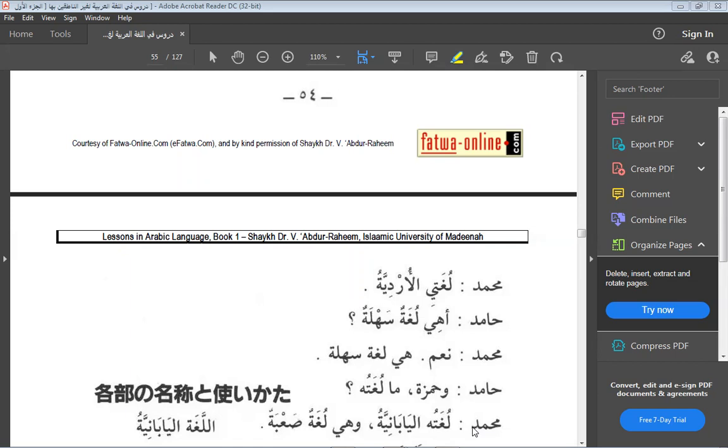Sanabila is the plural of sumbulatin. So you can see that sab'a is masculine, sanabila is feminine. So if you are going to count something, that is with the masculine number, with a feminine thing being enumerated.